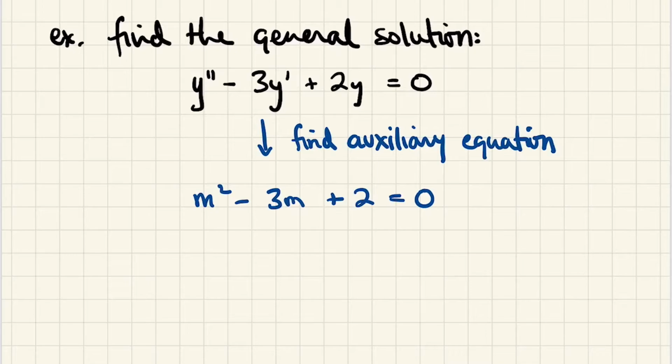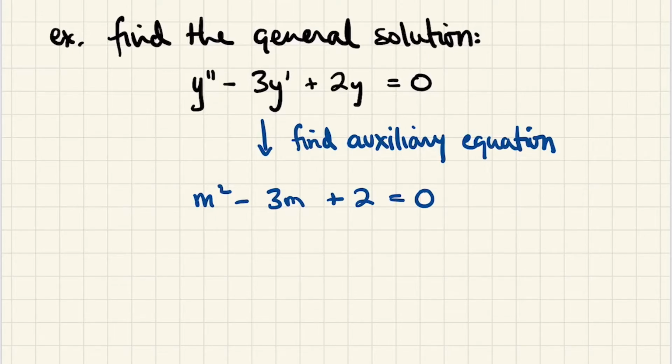In other words, it's an equation where the order of the derivative converts to a power of m. So y double prime is m squared. Y first derivative is m to the first power. And y to the zeroth derivative, which is just y, is like m to the 0, which is 1.